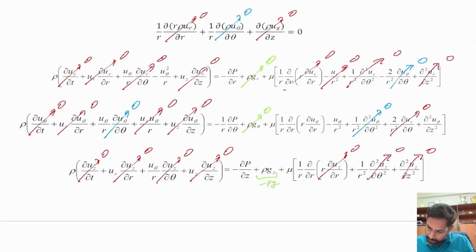This is equal to 0, and also this must be equal to 0 because that is d by d theta. Alright, so now we have made simplification, we have cancelled all unnecessary terms, and this gives us a simplified equation.